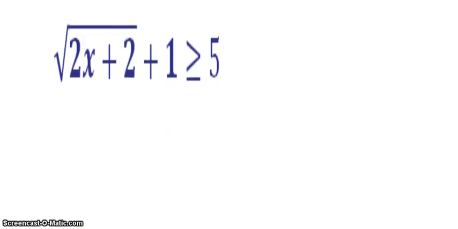Now let's take a look at this one where we have a greater than or equal to. I don't have to worry about any cases where my radicand would get me a square root of a negative number because I'm already going to be greater than or equal to 5, or actually technically greater than or equal to 4 if I subtracted my 1. So I don't have to worry about that extra case. I'm just going to have one inequality part as my answer.